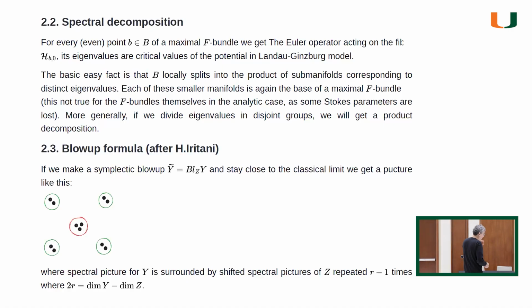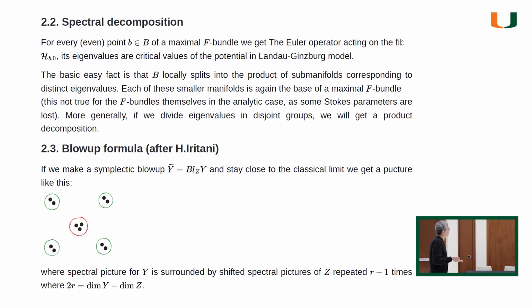Yeah, so these things arise universally in categorical series as well. So you get the spectrum for free, and then there is an easy fact that you get these eigenvalues. So the fiber space splits into a direct sum of some subspaces, and then the claim is that the base splits into a product of submanifolds corresponding to discrete eigenvalues.